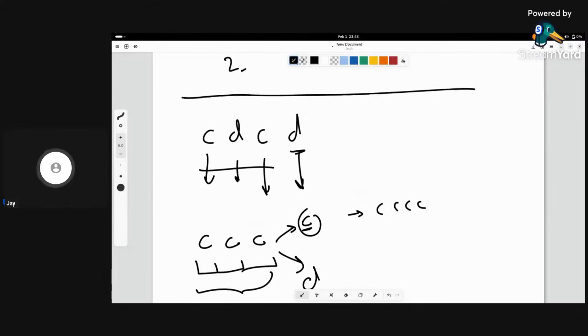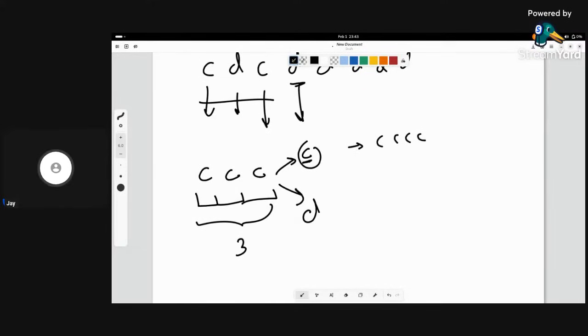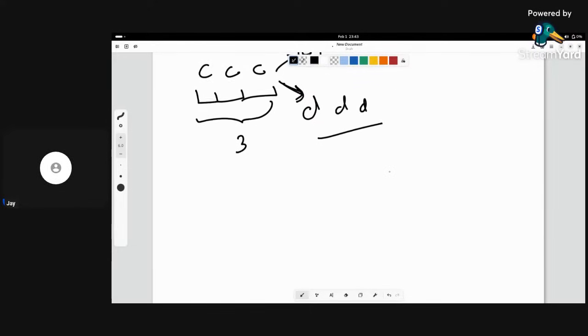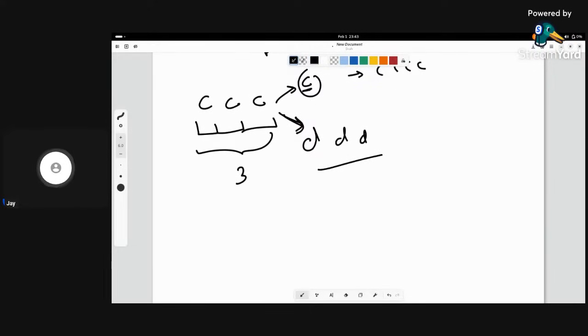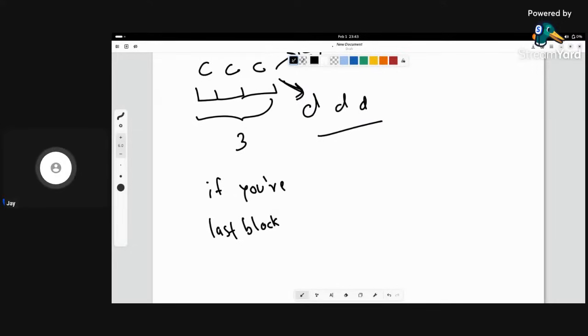But let's just say that our string was something like all Ds after this thing. Then it would be more cost effective to start a block of new Ds. So basically, if your last block has a size of less than 3, in that case you have to compulsorily extend it with the same character.